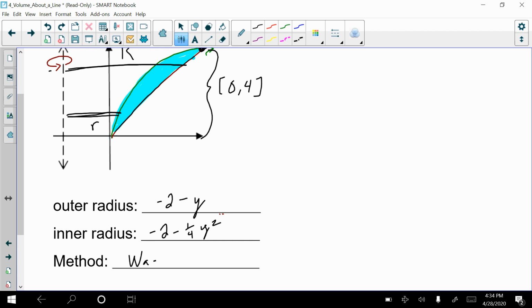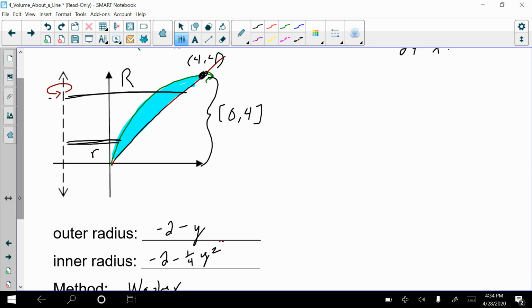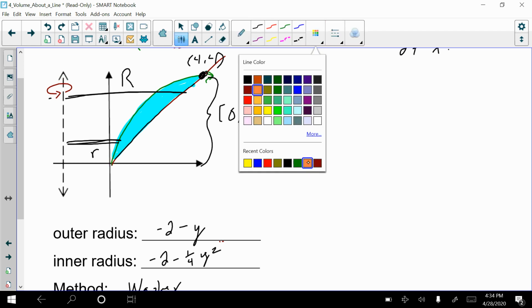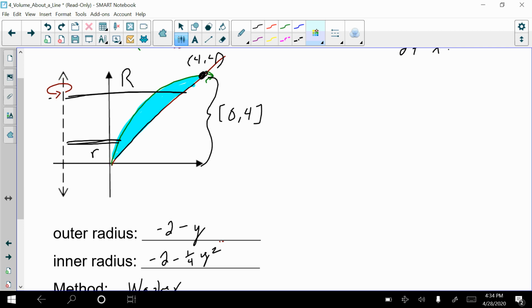Again, we're looking at using the washer method. So our volume, in this case, will be, and let me pick a different color to change things up. We'll say volume is going to be equal to pi times the integral, in this case from 0 to 4 is our interval.